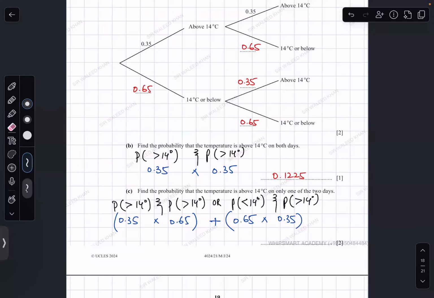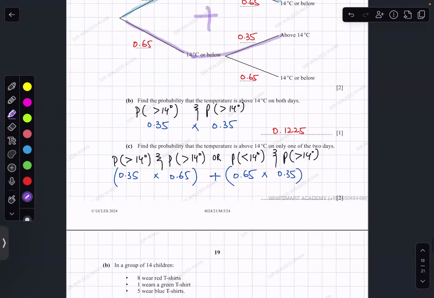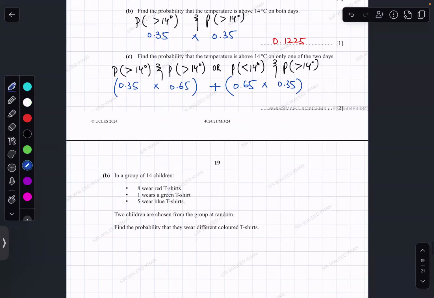So these are dependent events. That is why they are added together. Either this can happen over here, or this can happen. So that is why we add them. The answer, what is written over here, it's 0.455.